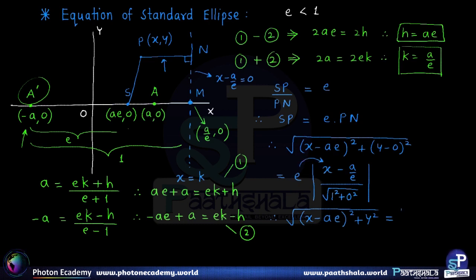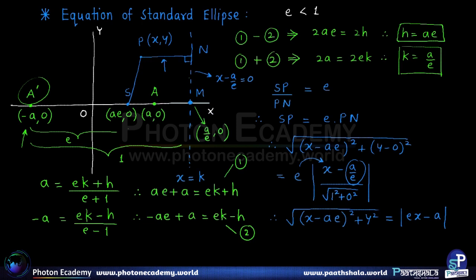Okay, so therefore on multiplying we get EX minus A, because in the second term the E will get cancelled when it's multiplied by E. Right? Now to get rid of this square root as well as the modulus sign, we have to square both of the sides. Okay, so let us do that.